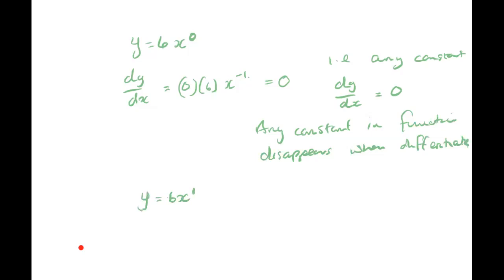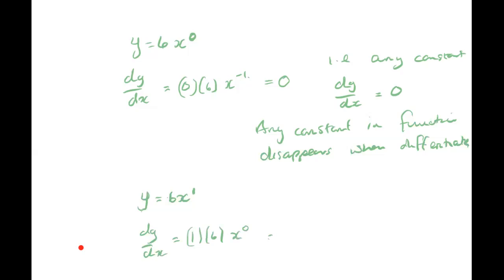So if we now differentiate, dy by dx, we take the 1, multiply it by the 6, x to the, take 1 off, 0. So we've got 1 times 6, and x to the 0 is, any number to the power of 0 from the drill at the beginning? 1.